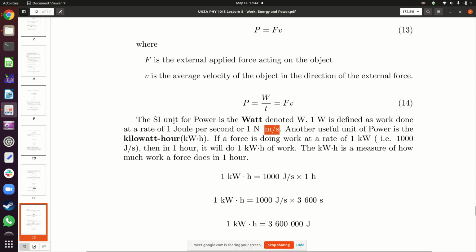A useful unit is what is called the kilowatt hour. Now, the kilowatt is basically 1,000 watts. And hour is, of course, a unit of time, 1 hour. So if you want to use the kilowatt hour, what does it actually mean?